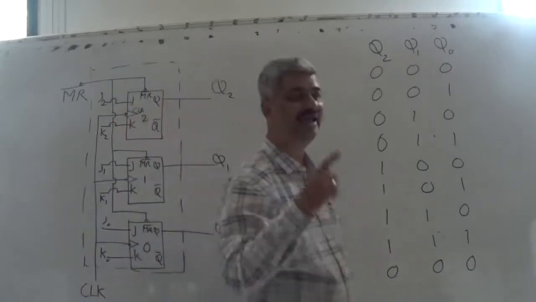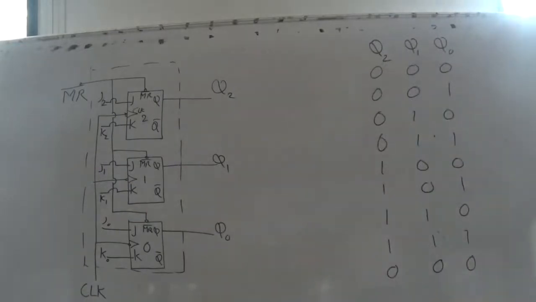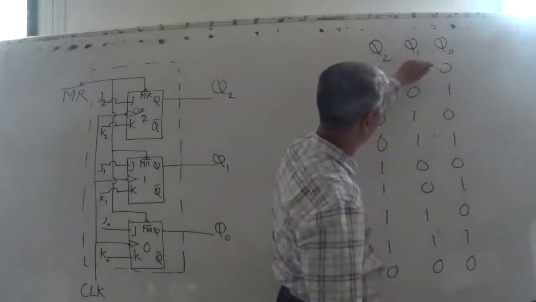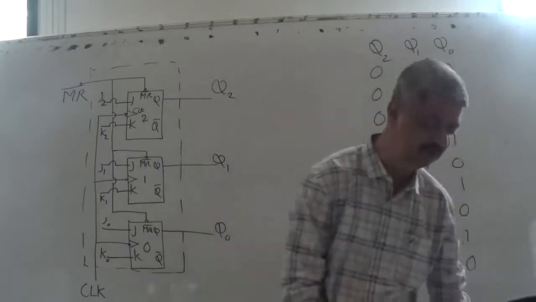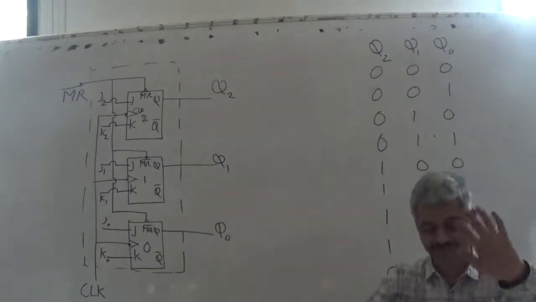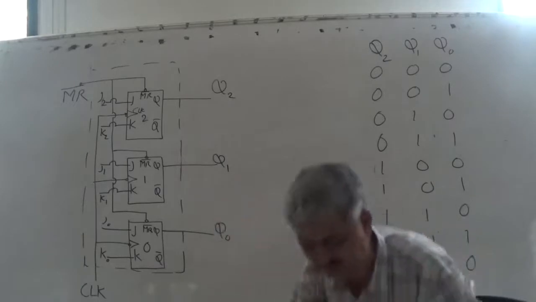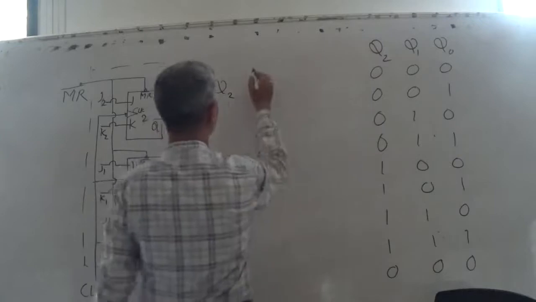So I find that in every next state, Q0 always toggles. The output Q of flip-flop number 0 always toggles. So what input combination do we have for always toggling? Now there is no need for me to cross connect everything. What I can do, I will prepare a table.